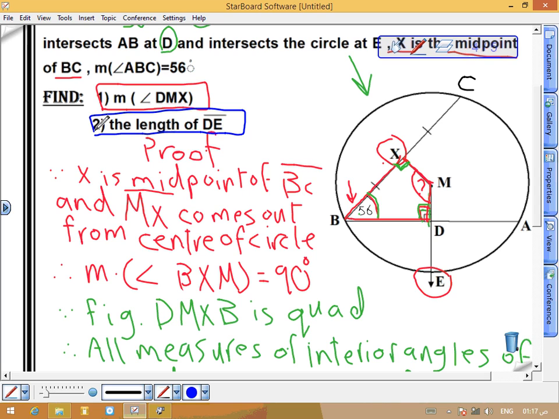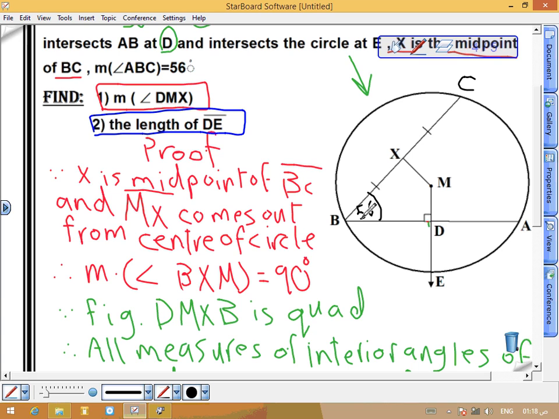We will erase all that is written on the figure, but we will write again the measure here as 56. We want to find the length of DE.